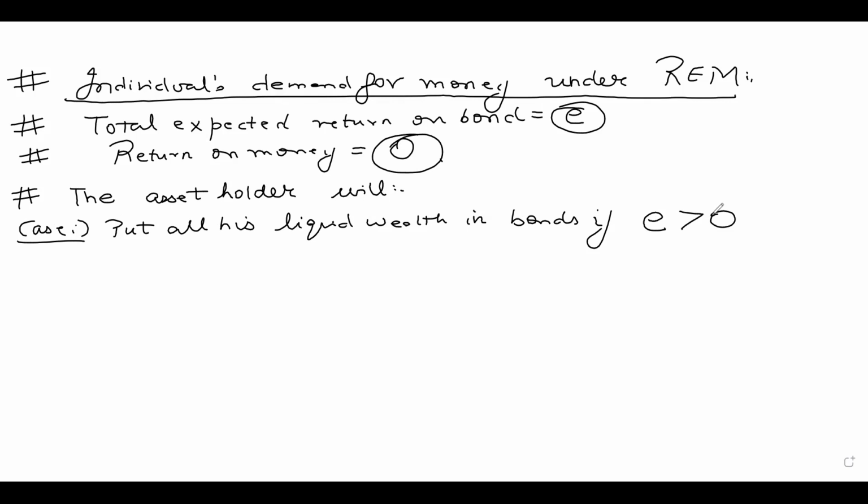That means E is greater than 0. If the total expected return on bonds exceeds the return on money, the bondholder is going to put all his wealth in the form of bonds, because money and bonds are close substitutes.